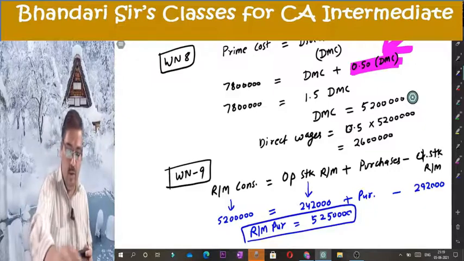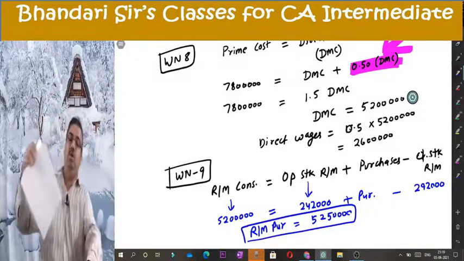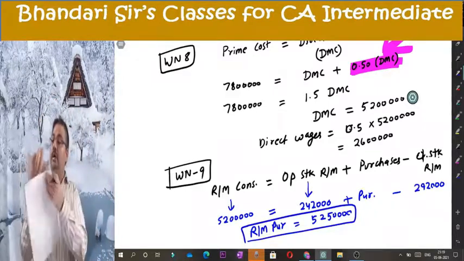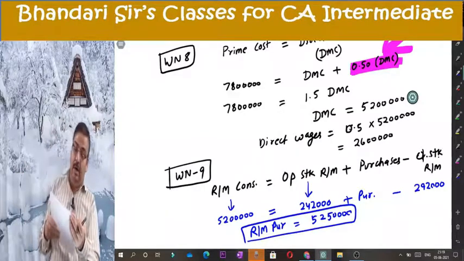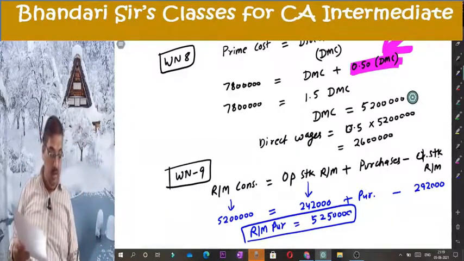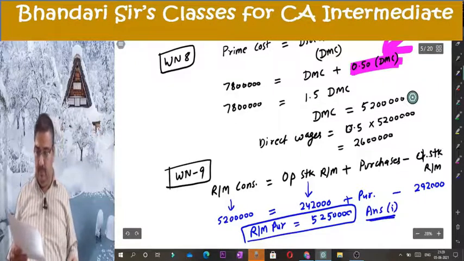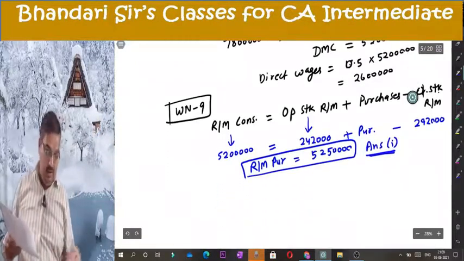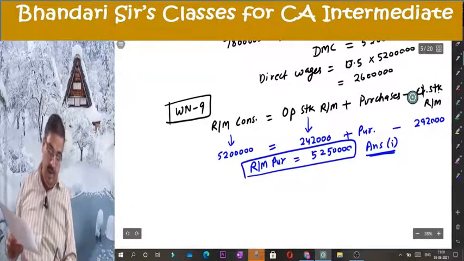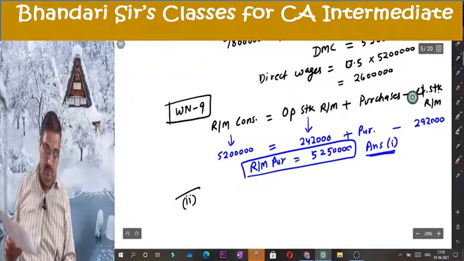Now when you read the question properly, what is the question wanting you to calculate? In first part it says calculate value of raw material purchase. This is answer of part 1. Now second part answer, you will make a cost sheet on your own.